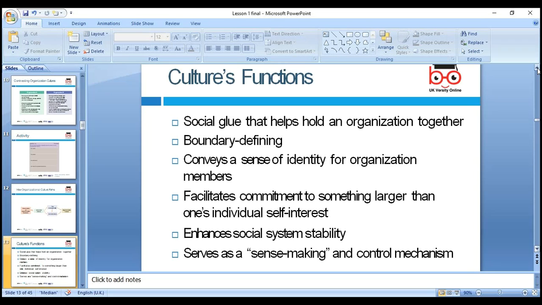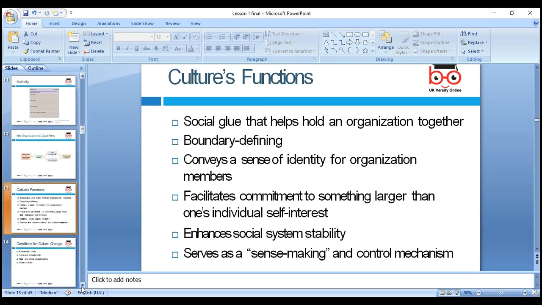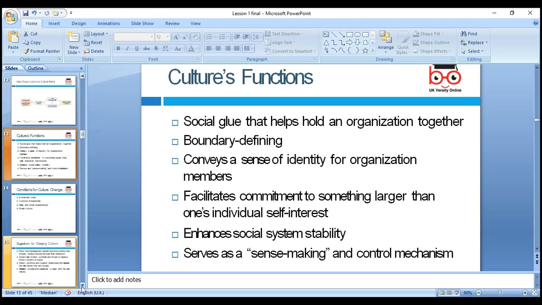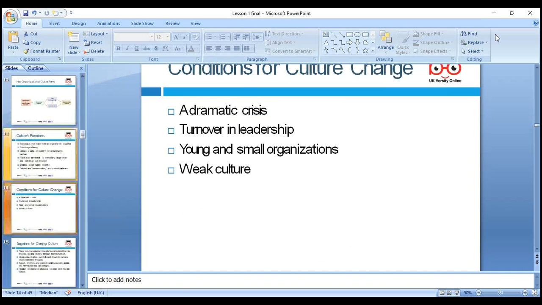We are always looking at the social system stability, and serving as a sense-making and control mechanism in our organization. Reporting system as well, appraisal system as well, recruitment and selection system as well. These are our organization culture. Bonus system as well.